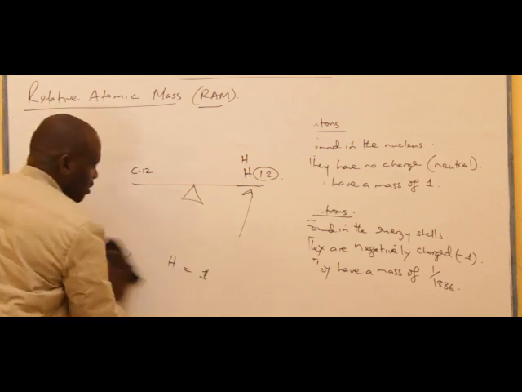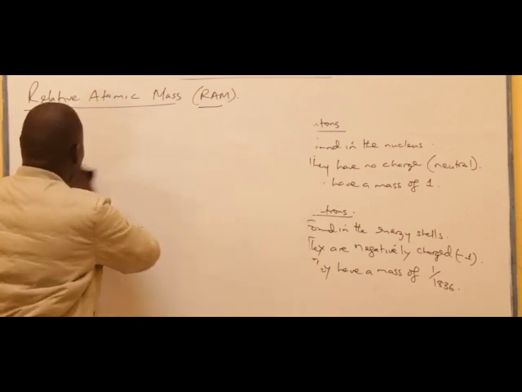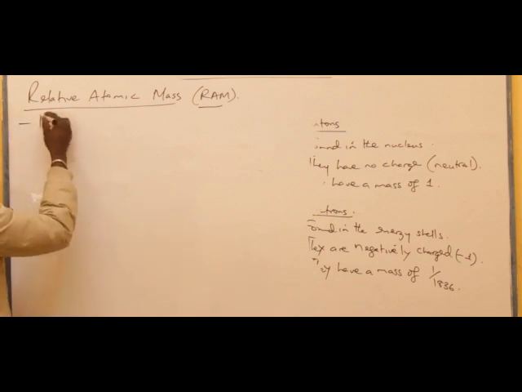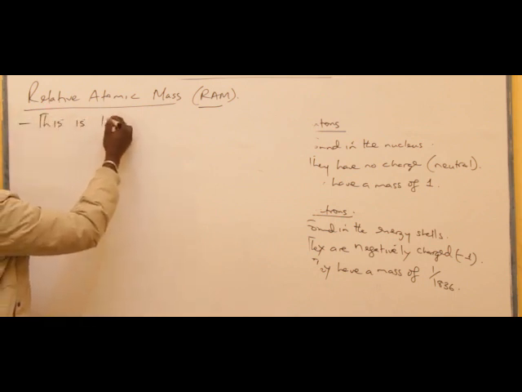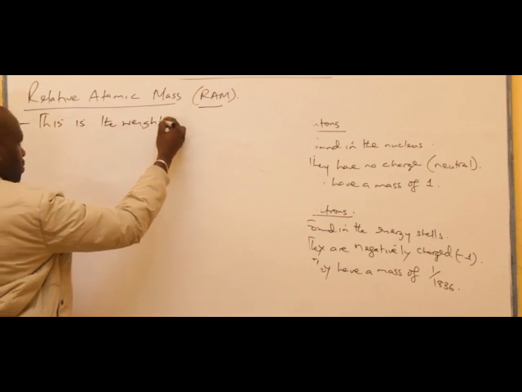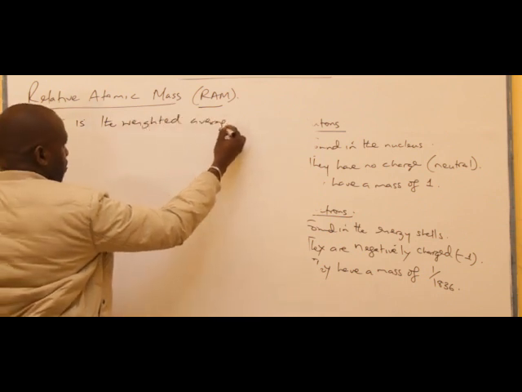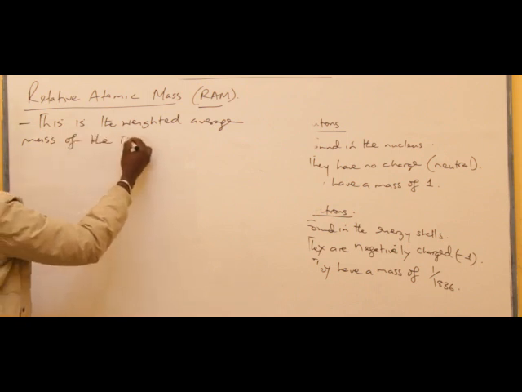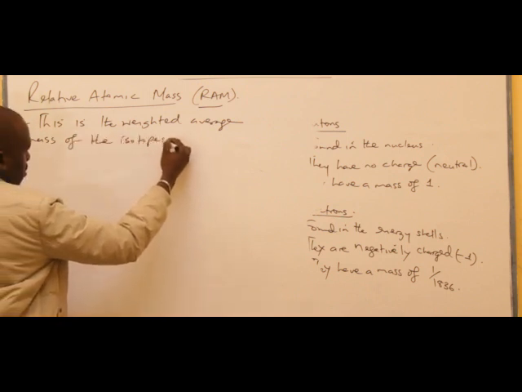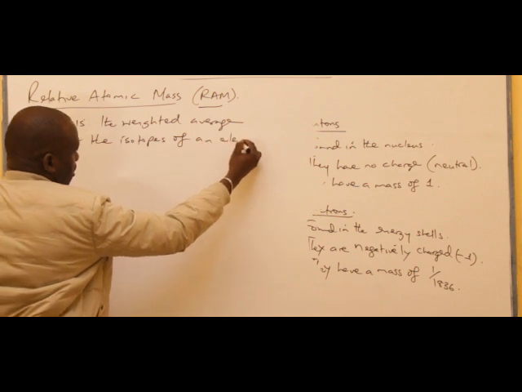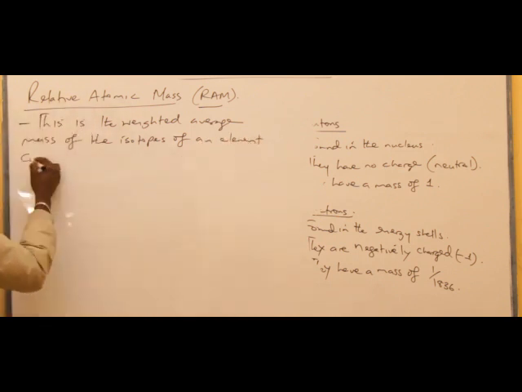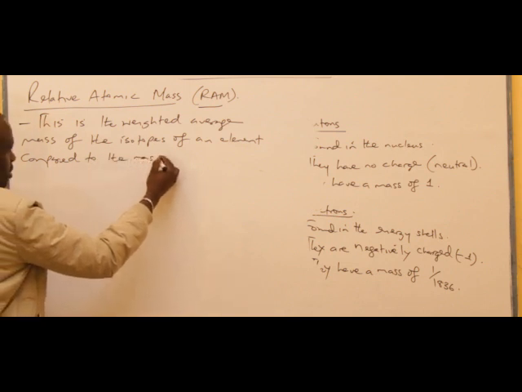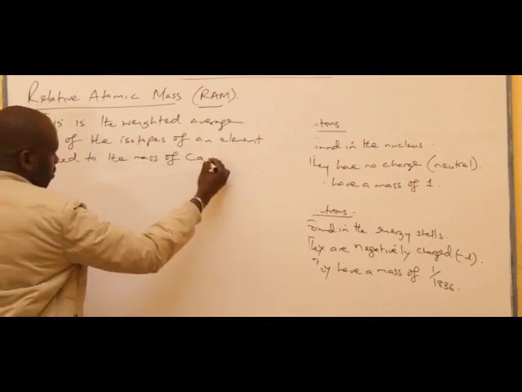But the first thing that you should know is how to define the relative atomic mass. So, relative atomic mass, we say that this is the weighted average mass of the isotopes of an element compared to the mass of carbon-12.